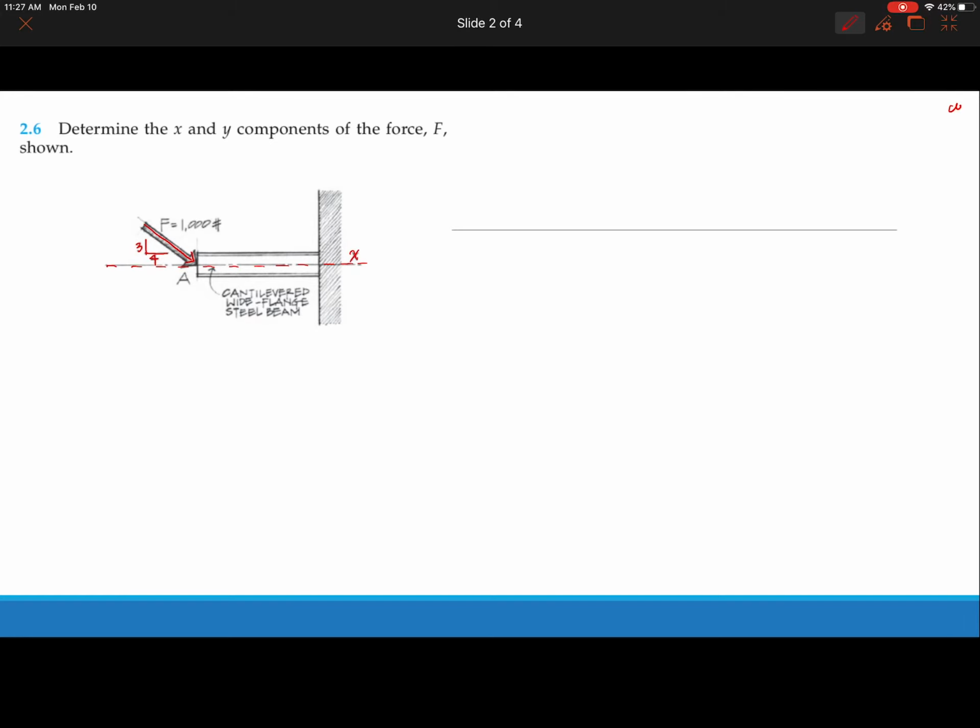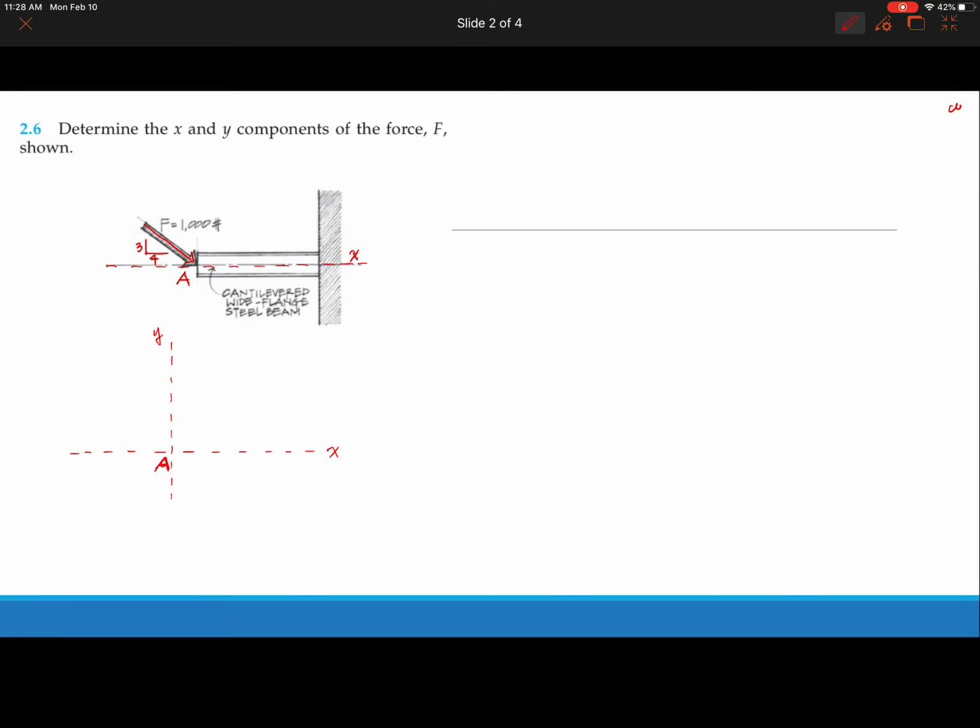So just set up the x as is, and then the y-axis will always be perpendicular to the x. The origin O in this problem is also called A, the point of action, so you can label it as A here.